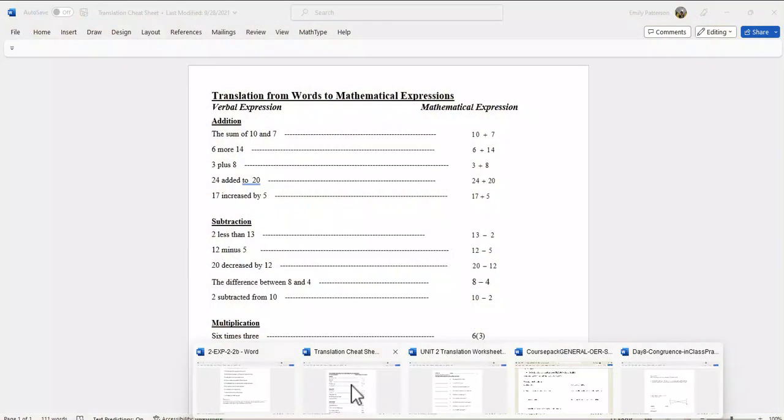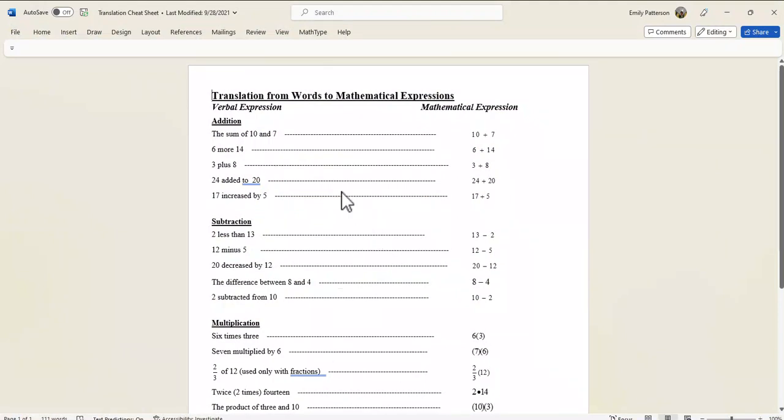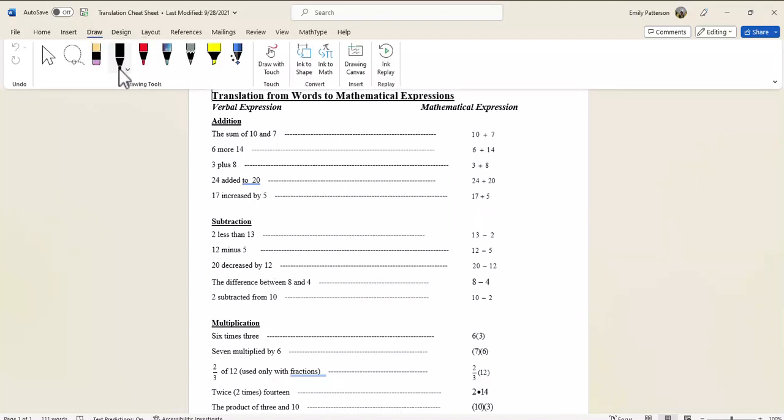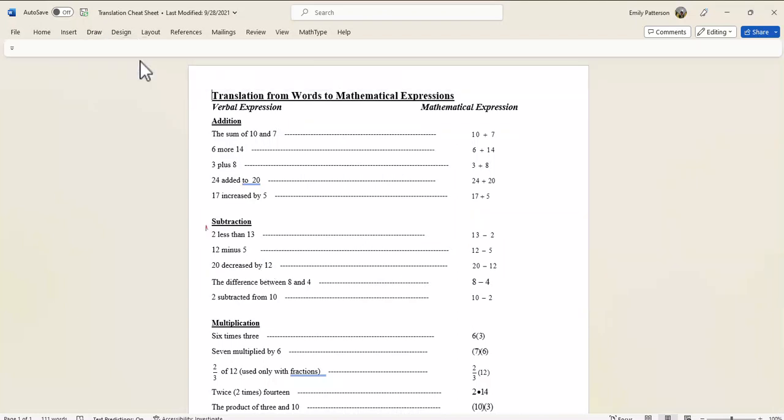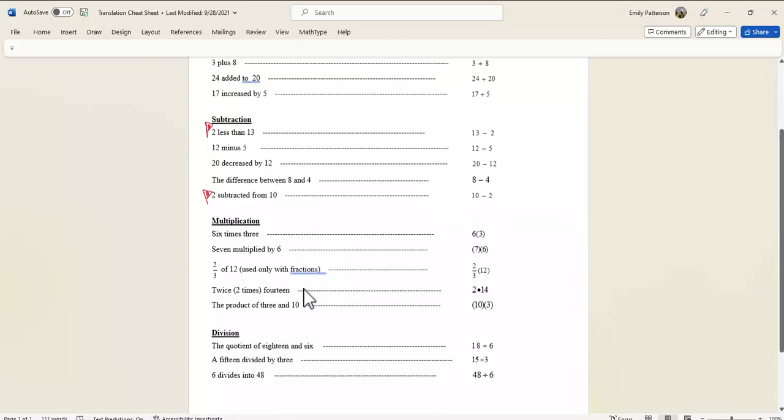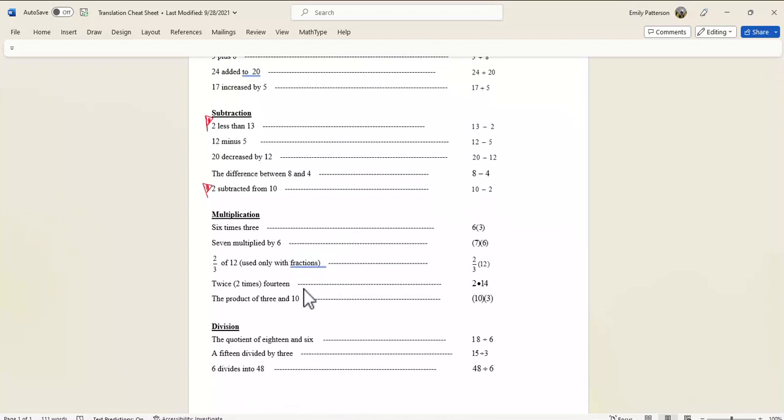Well, that is this page here, where we had all these different things, and remembering that when we see the words less than, from, and into, those are my red flags. Those are the ones that say, hey, I've actually got to write them in opposite order.